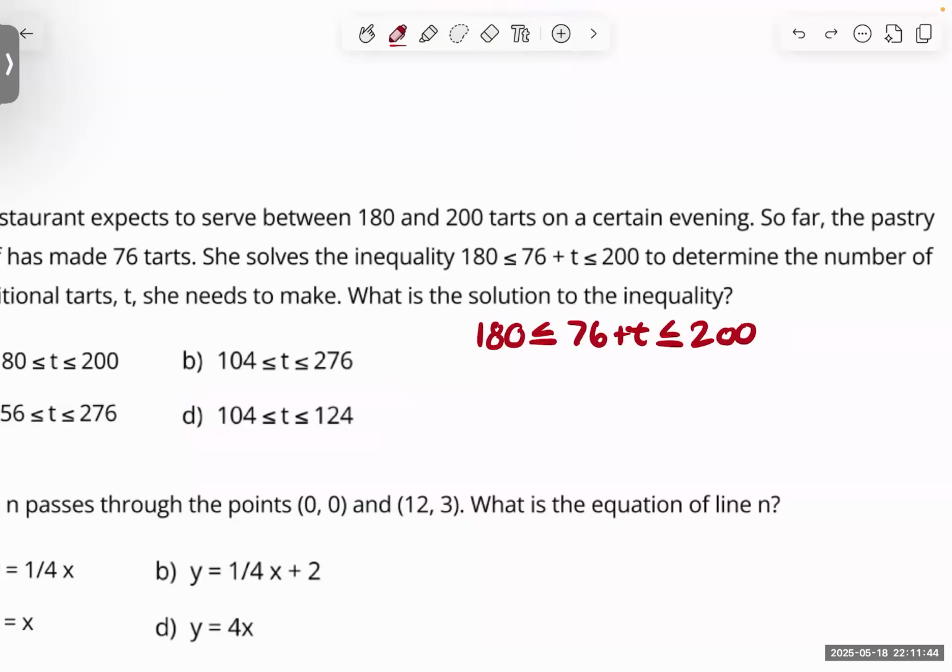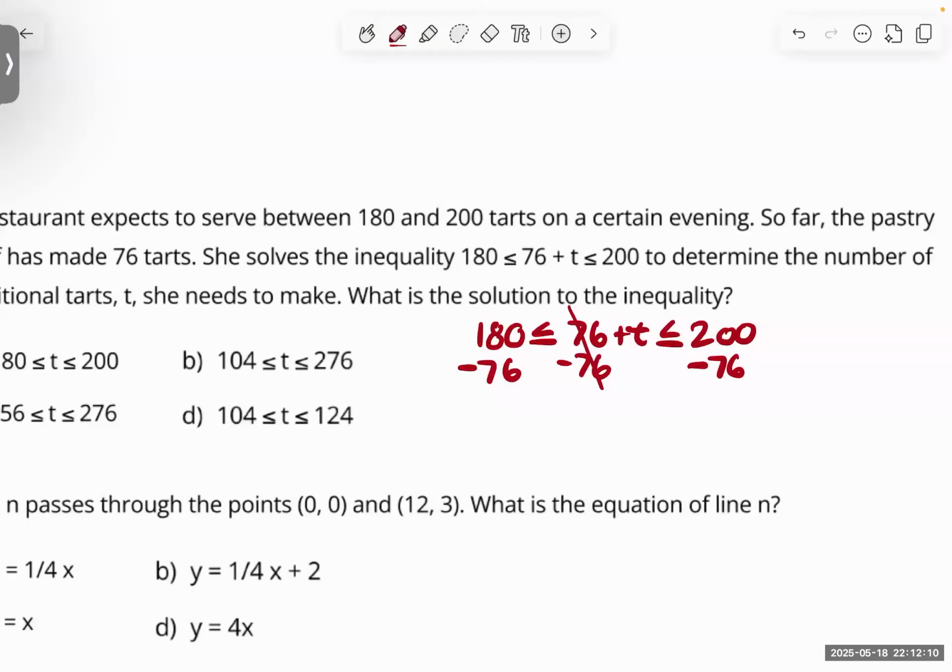It was subtracted away, right? Because it's a positive 76. If I want to get rid of a positive number, I subtract it by the same value. So if I'm subtracting 76 from this side, I need to do it to every single number on each respective side, because again, it's not going to be balanced if I don't do it.